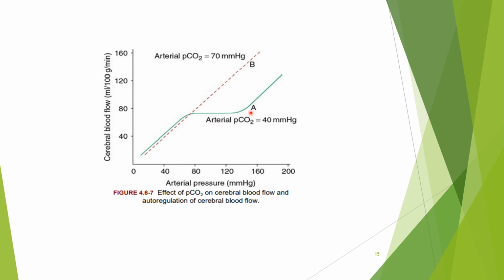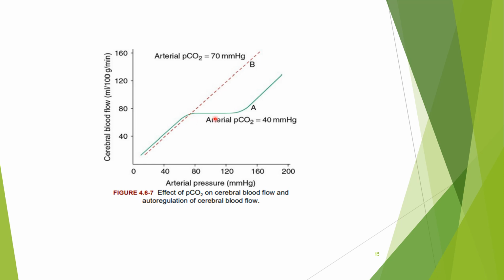Now, what is this continuous line? At an arterial PCO2 of 40 mmHg, that is normal. Then what happens? If you increase the arterial pressure, if you increase the blood pressure, then up to 60 mmHg, the cerebral blood flow is increasing.